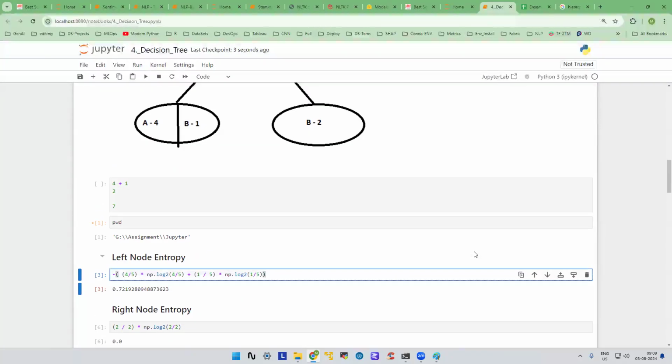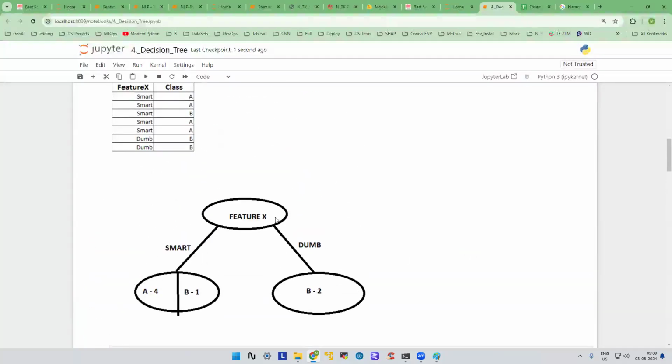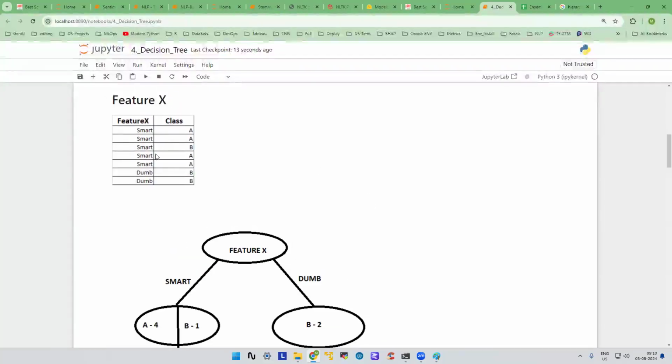Sir, how did we arrive at these values, 4, 5? Very good question. I think you haven't listened to the previous explanation. These are all numbers, 4, 1. We started with this one, right? How many smarts do we have?